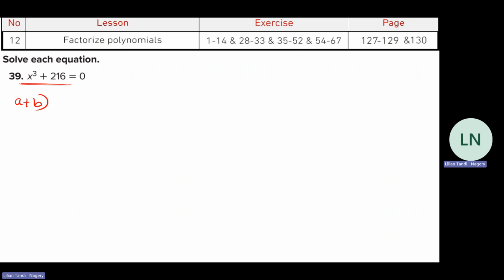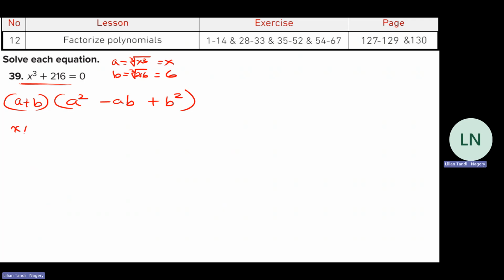So (A plus B)(A squared minus AB plus B squared). So you want to find A, the cube root. I don't want to waste space. Let me do it here. A is the cube root of x cubed, which is x. And B is the cube root of 216, which gives you 6.